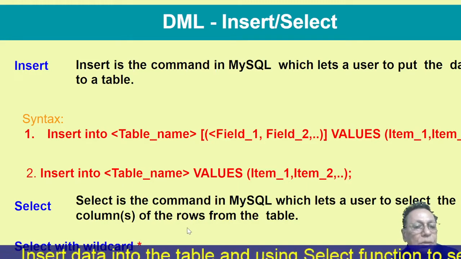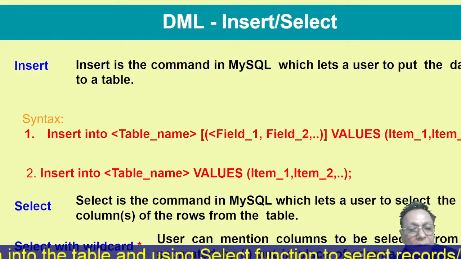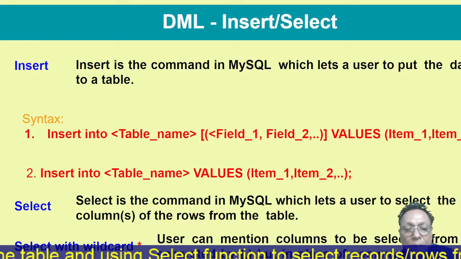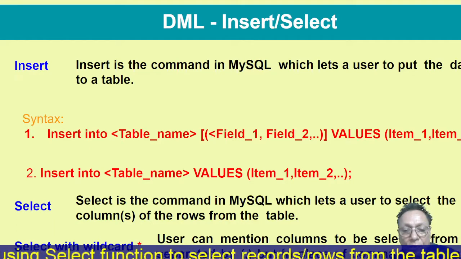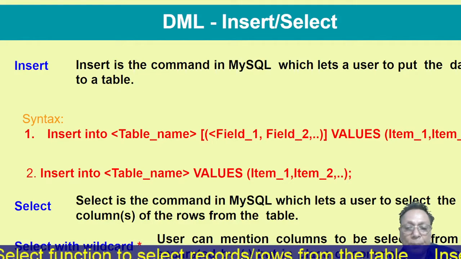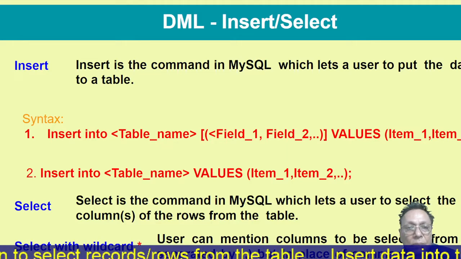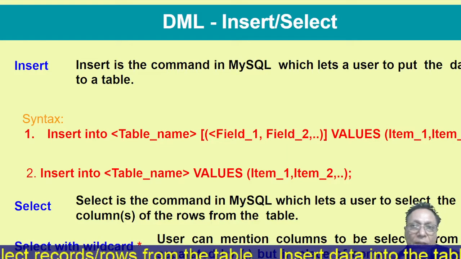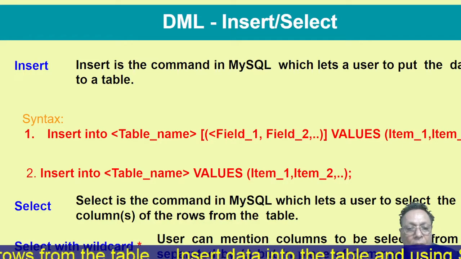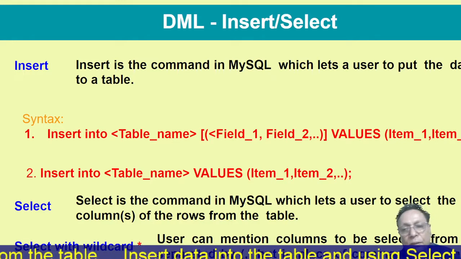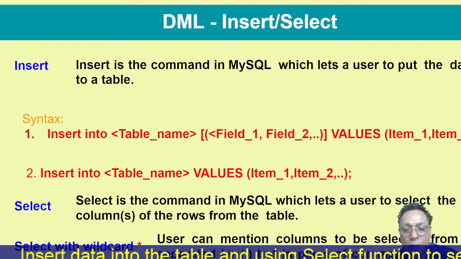If you use select with wildcard, a user can mention columns to be selected from the table separated by commas, say column 1, column 2, column 3, but in place of that a user can use an asterisk to select all the columns of the table. If you use the asterisk sign, it means you want to select all the columns of the table. So this way we work to insert the data into the table. Now just have a look at the hands-on.